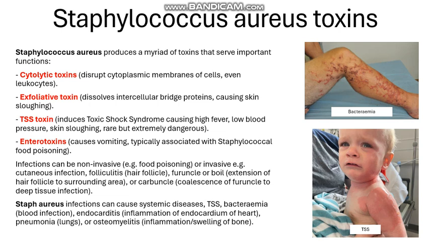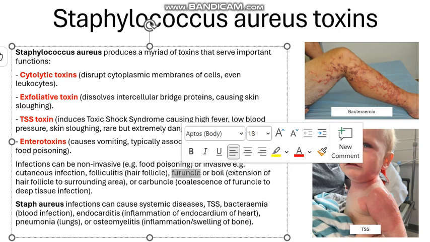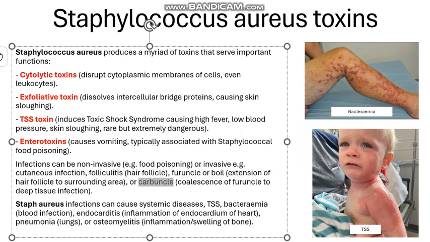Or a carbuncle, which is a coalescence of a furuncle to a deep tissue infection. So a furuncle is the upper skin tissues, a carbuncle is a deeper tissue infection.